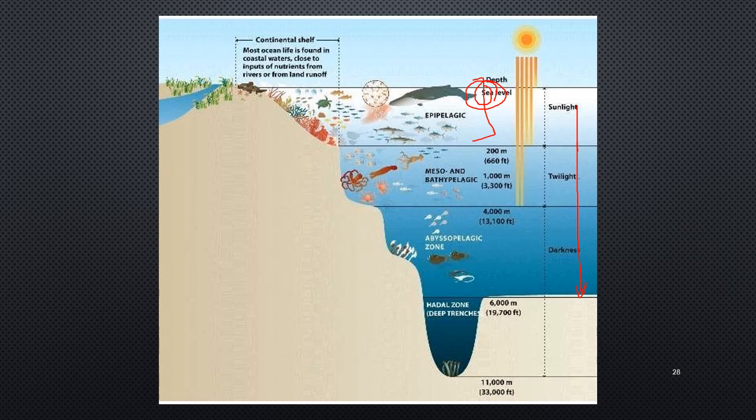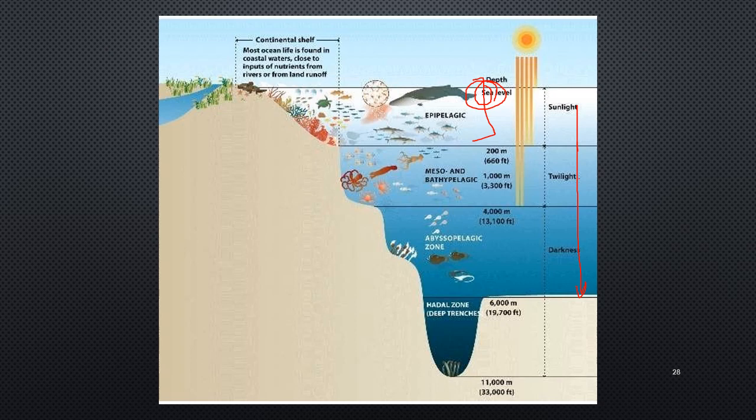That's not to say that our deeper waters are void of animal life, because that's actually just not true. And that's something that I find very fascinating, because there are places in the deep ocean, either in the abyss or in the hadal zone, that just have not been explored yet.